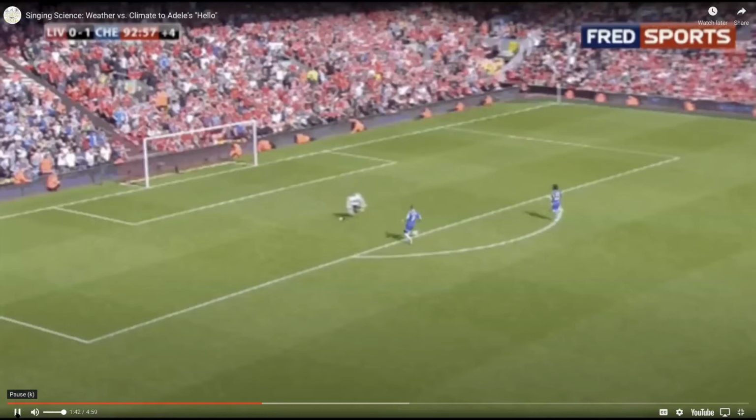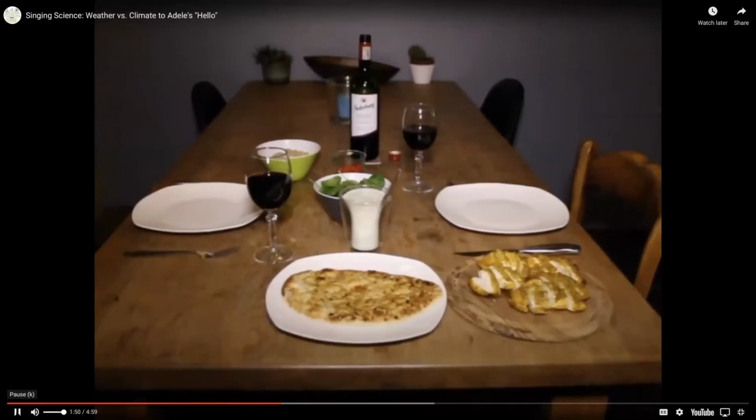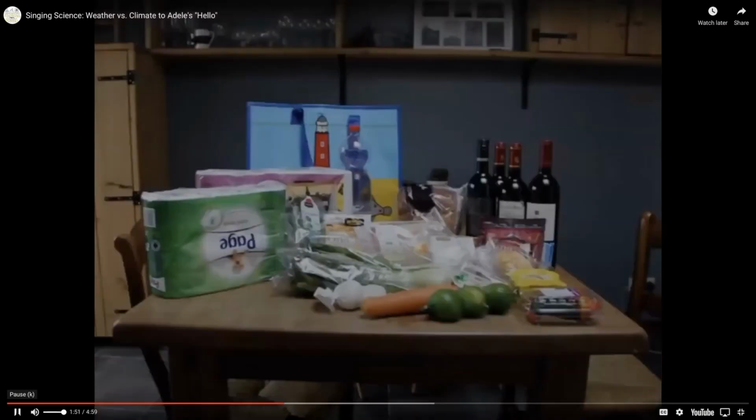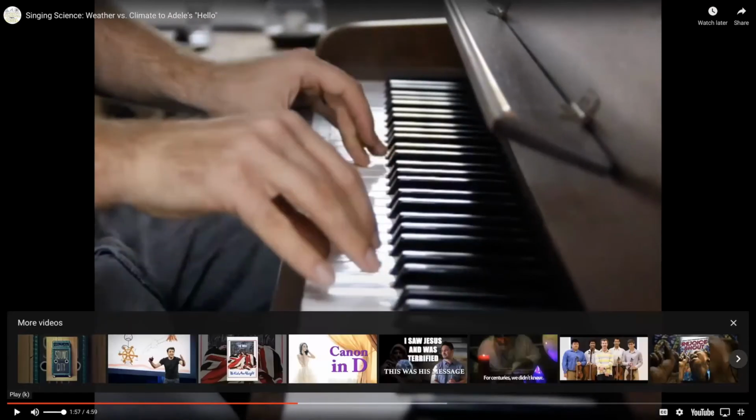Remember this analogy: climate is to a meal, weather is to groceries. It's not hard. Okay, I guess that's enough.